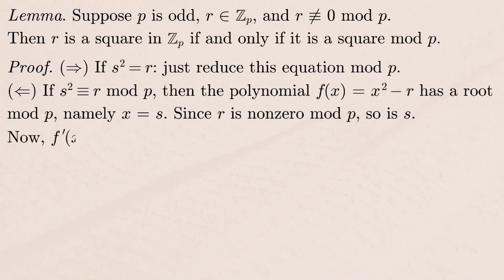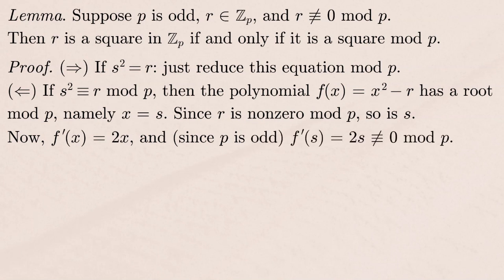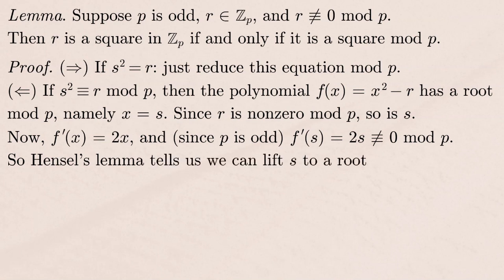Now, the derivative of f is 2x, and since p is odd, f prime of s, which is 2 times s, is non-zero mod p. And that's it. We've shown that f has a simple root mod p, so now Hensel's lemma tells us that we can lift s to a genuine root of f inside Zp, and we're done.